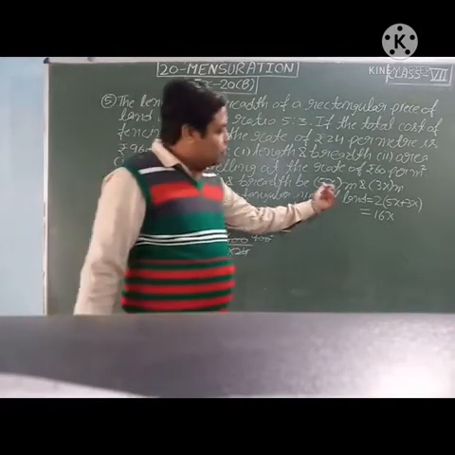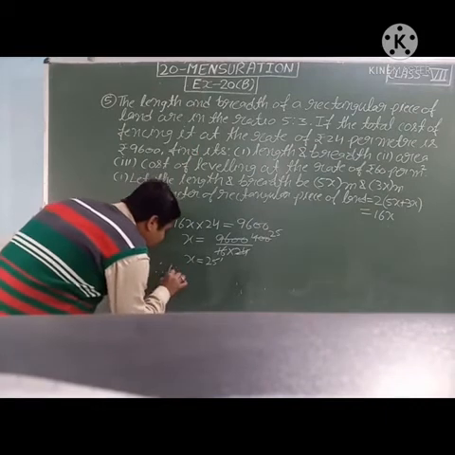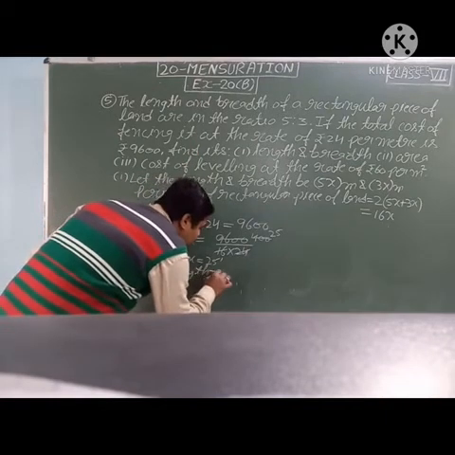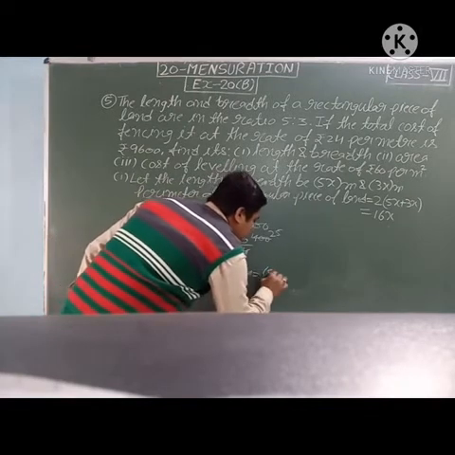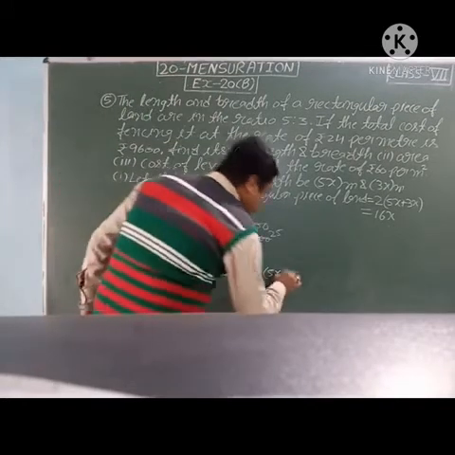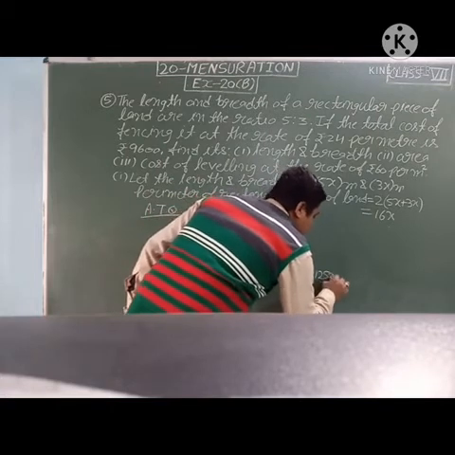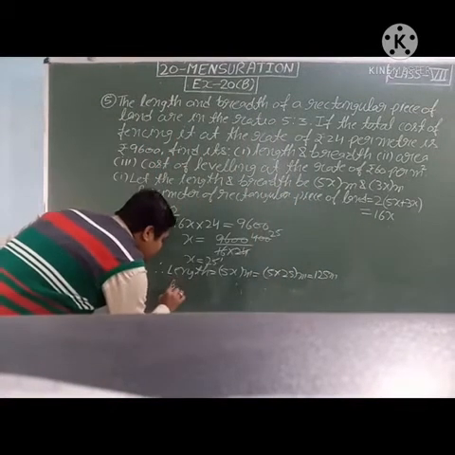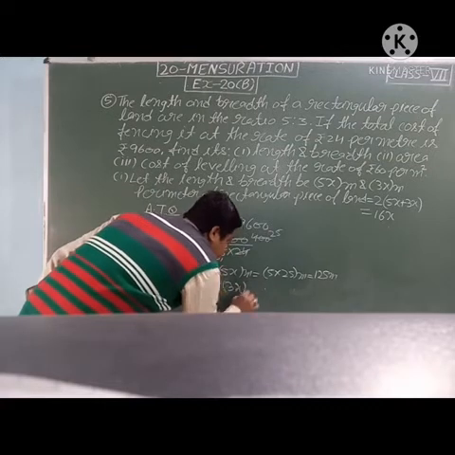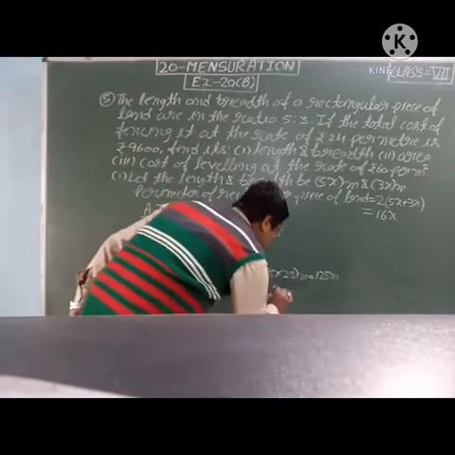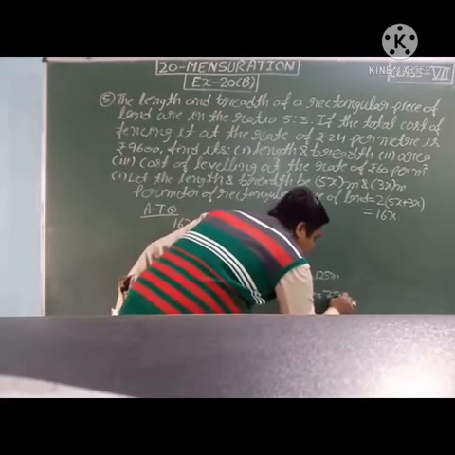Now we can put the value here. Therefore length is equal to 5x, which is 5 multiply 25, equal to 125 meter, and breadth is 3x meter, equal to 3 multiply 25 meter, equal to 75 meter.